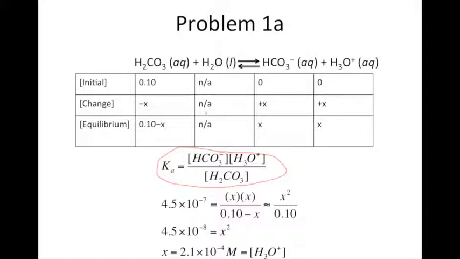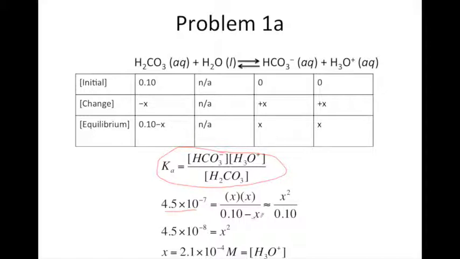Products over reactant. Again, water is not included in that expression. I plug in my equilibrium values and my Ka. Ka is given in the problem. My equilibrium values of my products are X and X, and my equilibrium of my reactant, my weak acid, is 0.10 minus X. Now, since this is a weak acid with a very small Ka, it doesn't dissociate much.